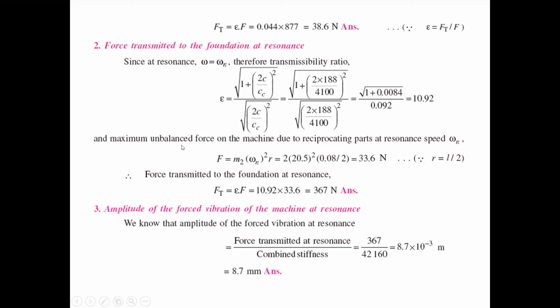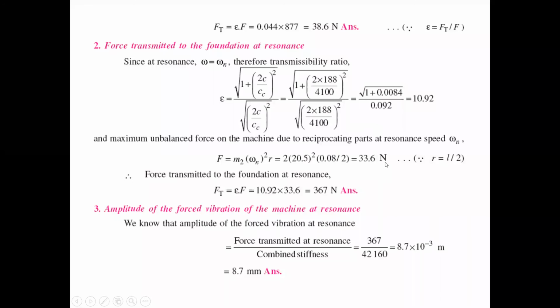Again we have to calculate the maximum unbalanced force. So m is 2, ωn is 20.5, and this one is 0.08 by 2, where the radius is the stroke length by 2.